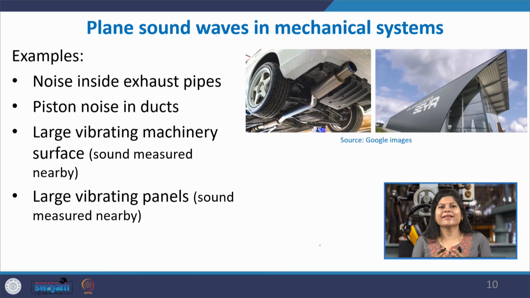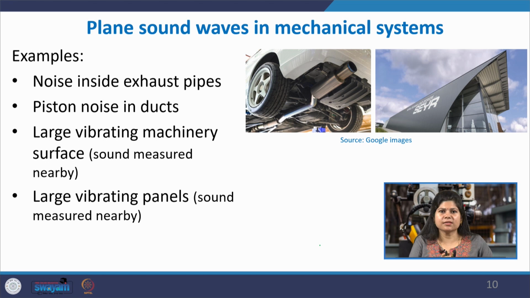Now, because this lecture series is on noise control in mechanical systems, everything we put in the context of mechanical systems and machineries. So, why do we want to study harmonic plane waves? Well, the reason is simple. There are two main reasons. First of all, harmonic plane waves can be encountered in various kinds of components in machineries and mechanical systems.